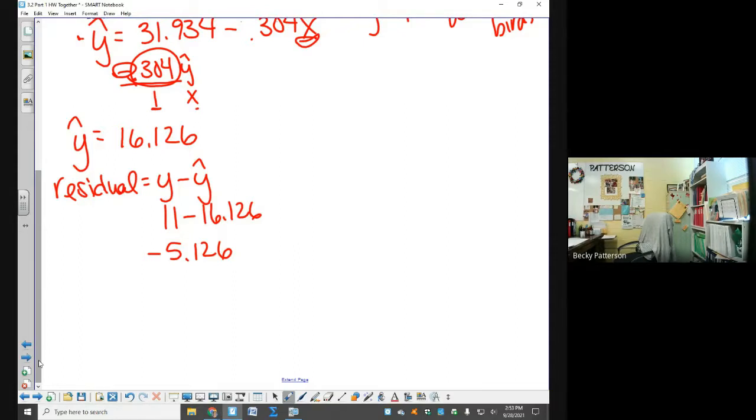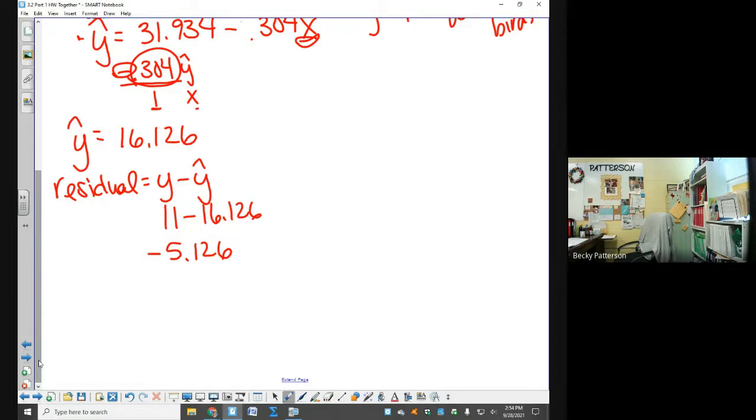There were the predicted birds. No, the residual does not start with the word predicted. The percent of birds that returned was 5.126 less than the predicted amount.